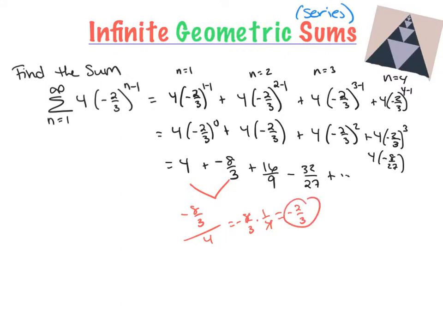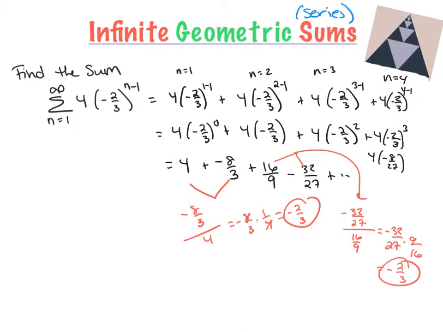Okay. Taking two more terms, negative 32 over 27 divided by 16 over 9 gives negative 32 over 27 times 9 over 16. And reducing that, again, we get negative 2/3.